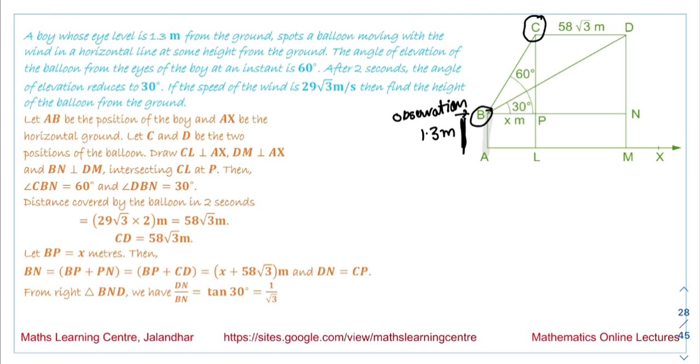Now, if this angle is reducing to 30 degrees, it means the balloon is moving away from the boy, because if it were moving towards the boy, the angle of elevation would increase. So after 2 seconds the balloon will reach this point D.